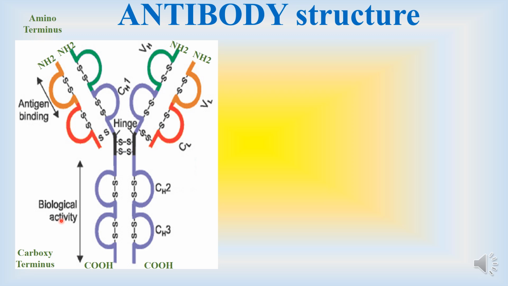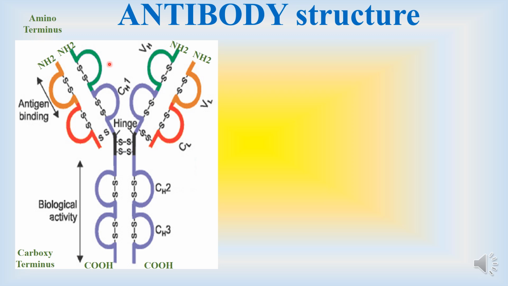The light chains and the heavy chains are each made up of variable regions and constant regions. The CL and CH stand for constant regions of the light and heavy chain, whereas VL and VH stand for variable regions of the light and heavy chain.